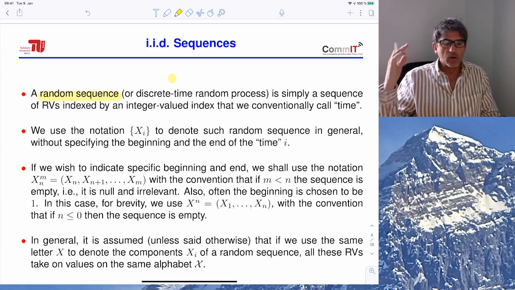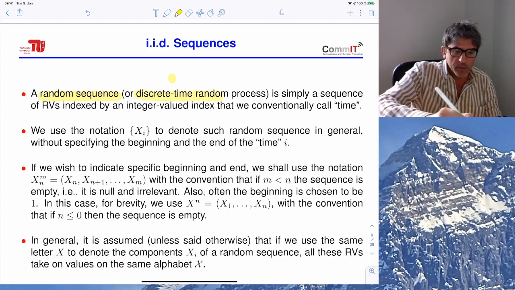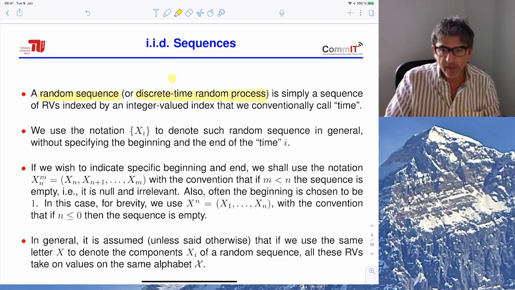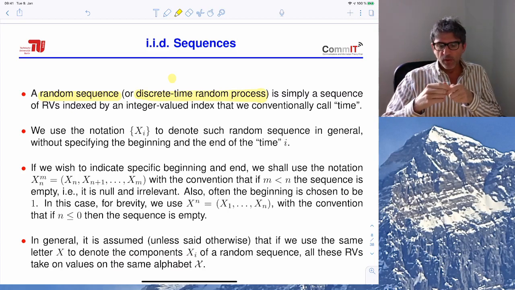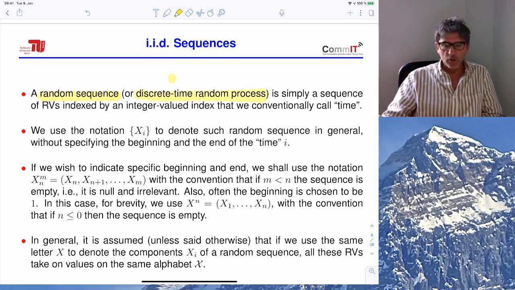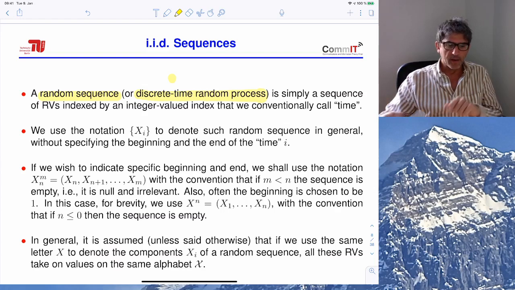Sometimes they are called discrete-time random processes, but it could be space, it could be whatever. We identify it with time because normally when we think about an information source, we think of something that spits out characters from an alphabet one at a time, at a certain rate.